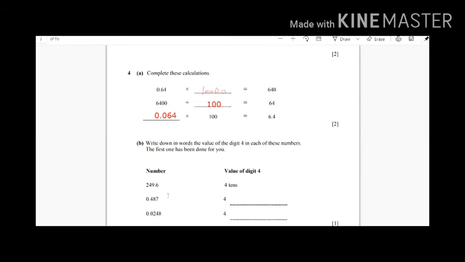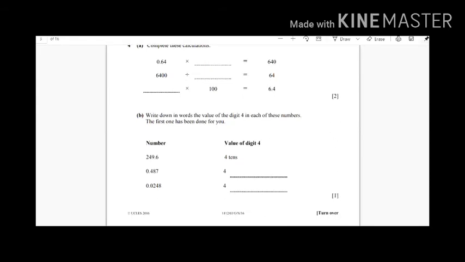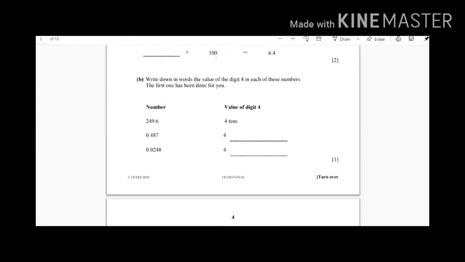Now next thing is this one: units, 10s, 100s, 1000s. Before the decimal we read it units, 10s, 100s like this, right? And after the decimal we read it tenths, hundredths and thousandths, right? So for the second one, 0.487, what will you write over here?